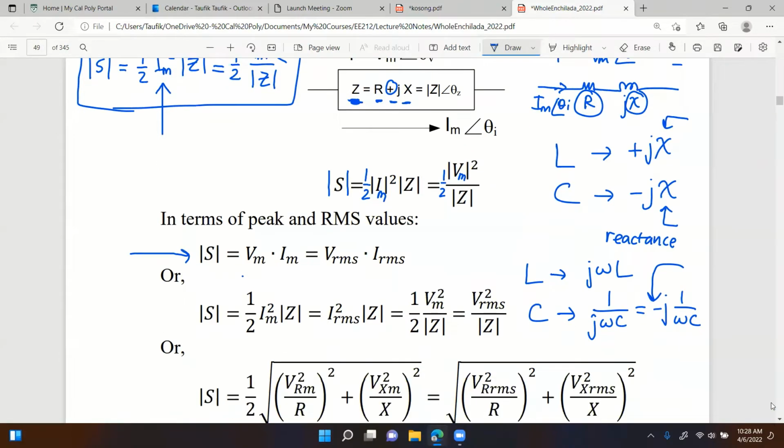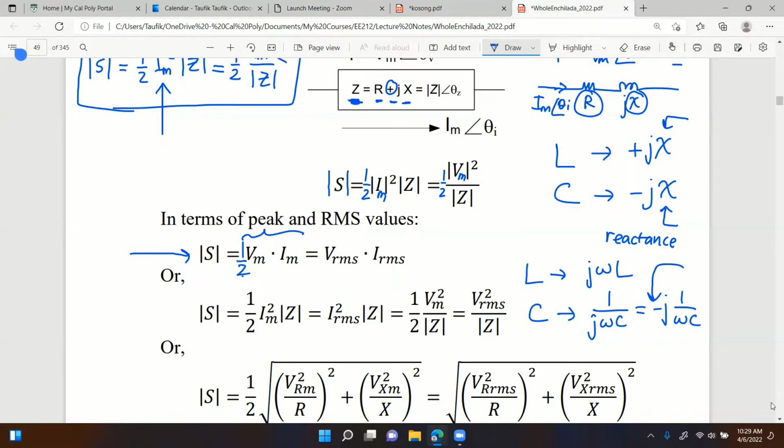I'm using peak values, and what am I missing from this equation? One half. The 1/2, yes. So I forgot the 1/2 for that one. So please fix that. Anytime you use peak values, there is 1/2 in the equations.